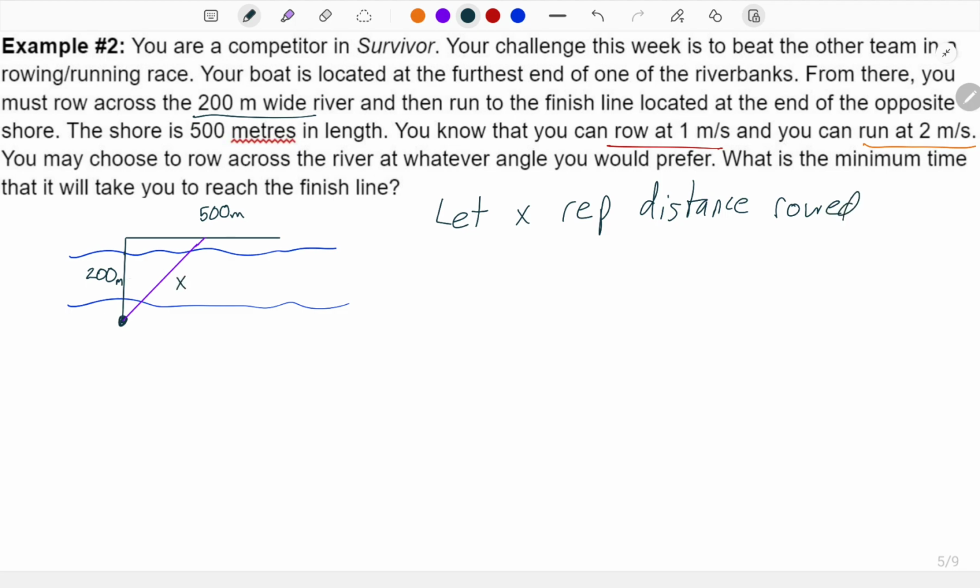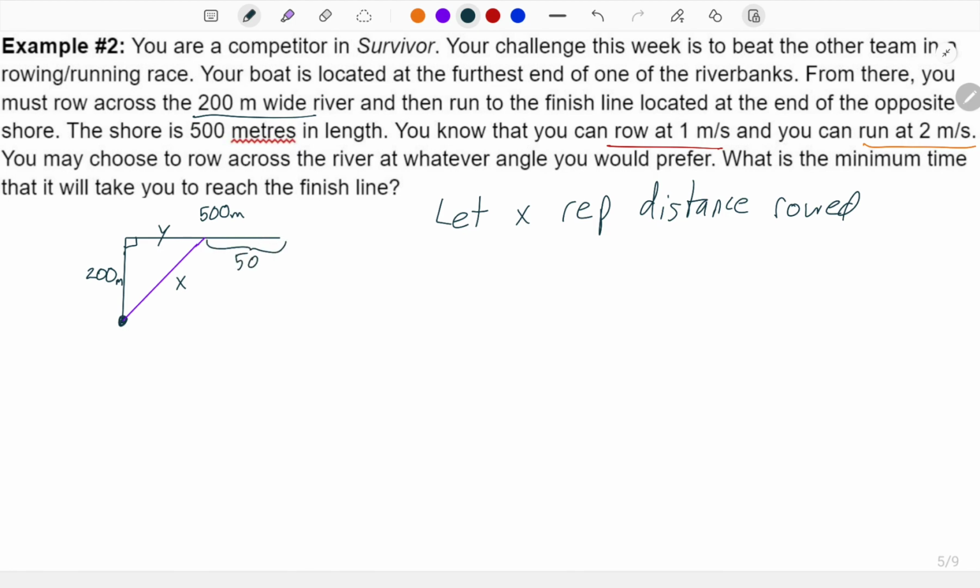So I'm going to label that, just going to be the hypotenuse there. That's what we're rowing. And then we've got that right angle triangle. It would be nice to know what's the top portion of that right angle triangle. So I'm just going to label that y, that top portion. And then the leftover portion, I'm going to take away the river.